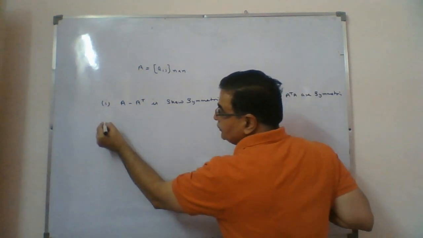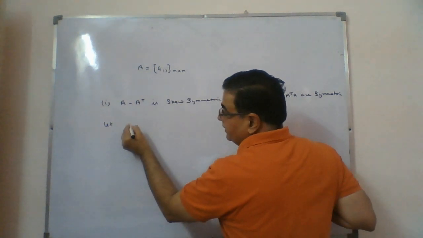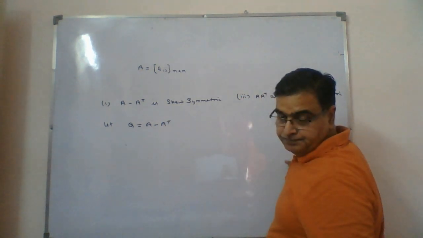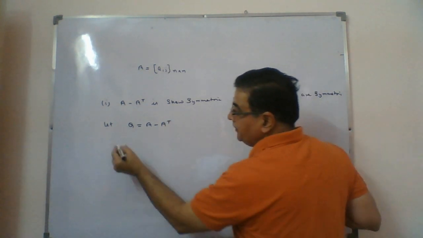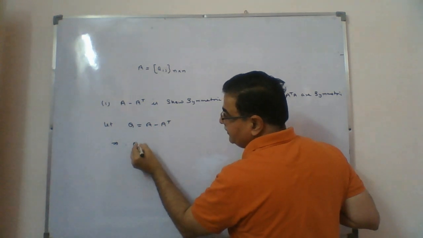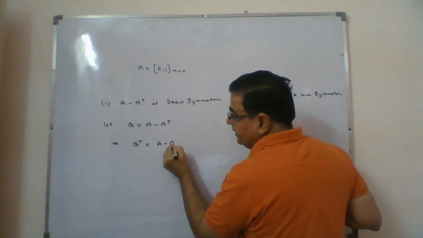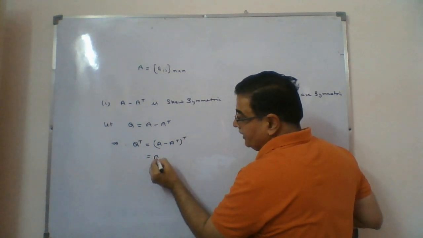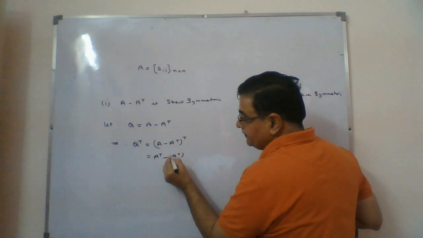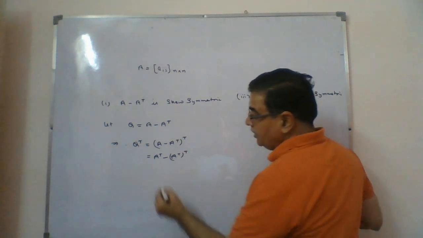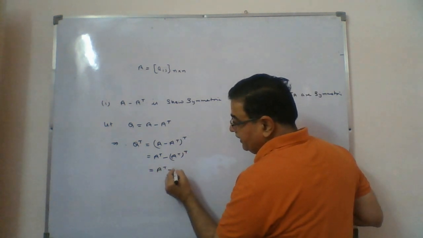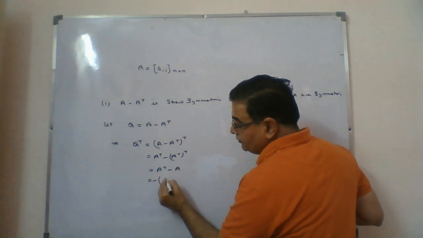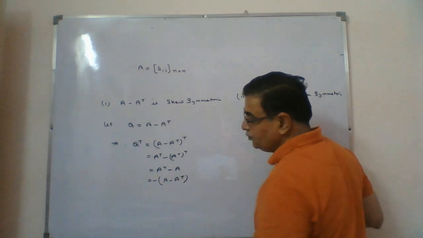We have to prove this. So again we'll say let Q is equal to A minus A transpose, and we have to show this is skew symmetric. So we take the transpose on both sides: A minus A transpose, whole transpose, which you should write as A transpose minus A transpose whole transpose, or I should say it is A transpose minus A. Minus will be taken common, so what is left is A minus A transpose.